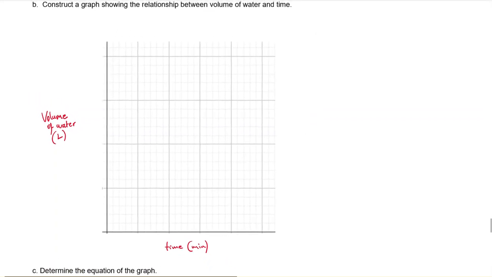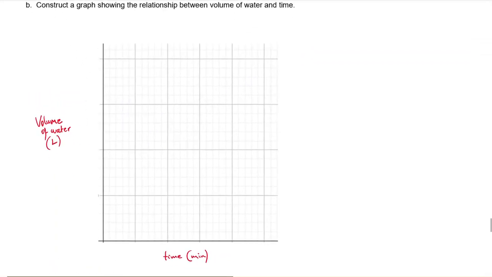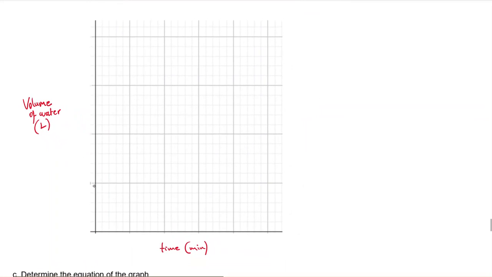We know the volume needs to go all the way to 2000, so I can go 500, 1000, 1500, and 2000. And time goes all the way to 50, so 10, 20, 30, 40, and 50 minutes.